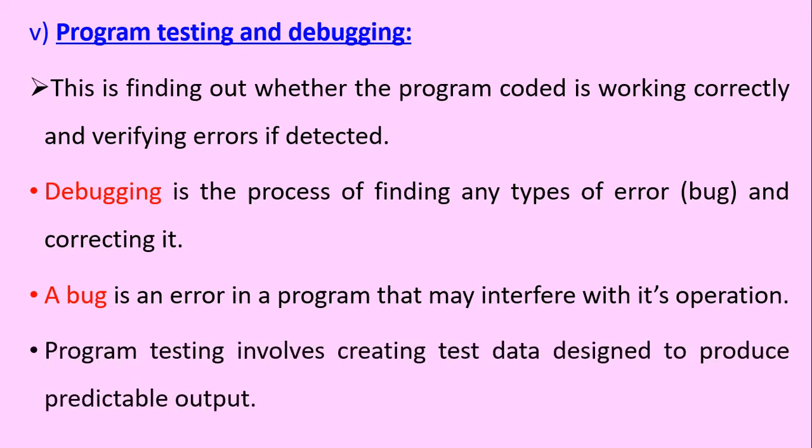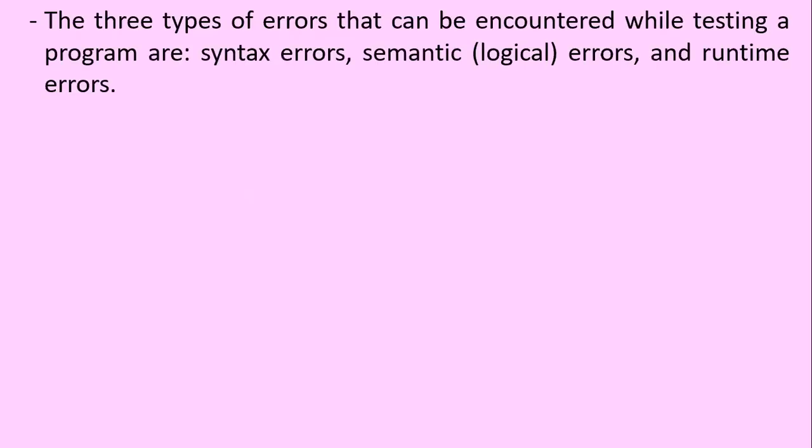So, program testing involves creating test data designed to produce predictable output. The 3 types of errors that can be encountered while testing a program are syntax errors, semantic or logical errors, and runtime errors. What are syntax errors?